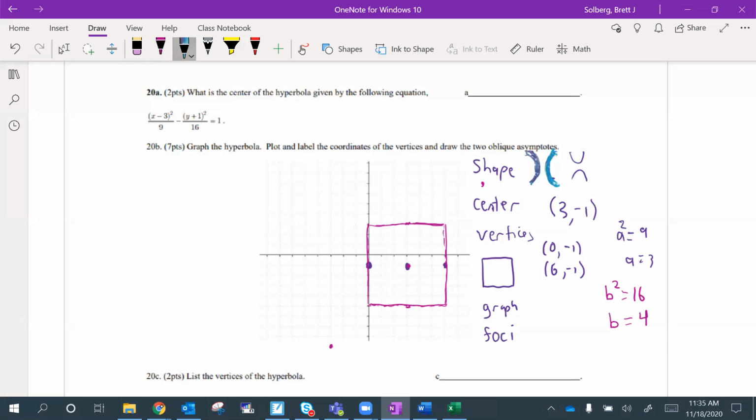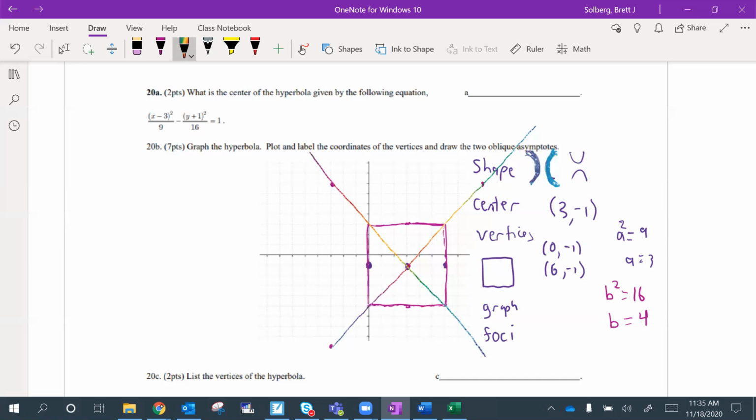When I connect this, this is going to be one of the asymptotes. And then we're going to do the same thing for this guy. 1, 2, 3, 4, back 1, 2, 3, and then we can just draw this out. So those are the asymptotes.